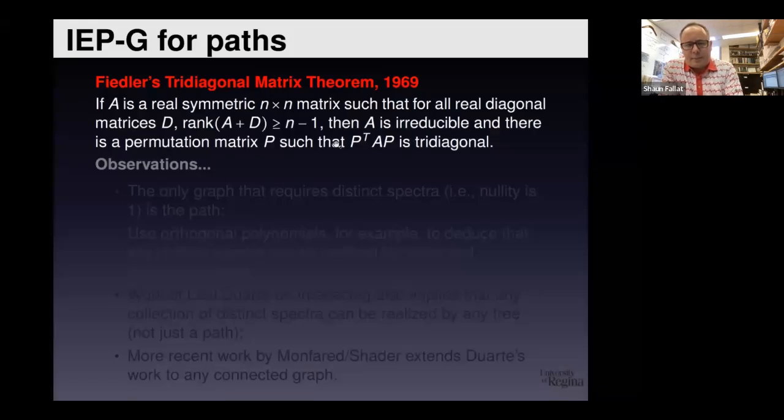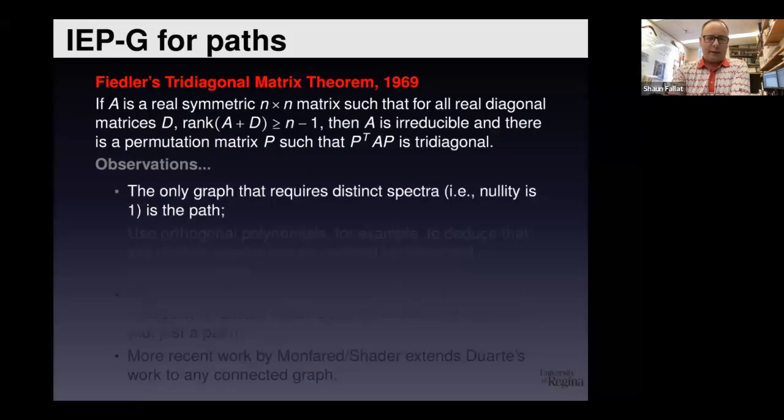Of course, that's subject to permutation, but roughly speaking, the only such matrix that works is the tridiagonal. And of course, the only graph that has a tridiagonal matrix pattern is the so-called path.